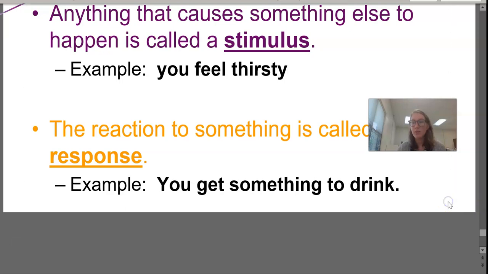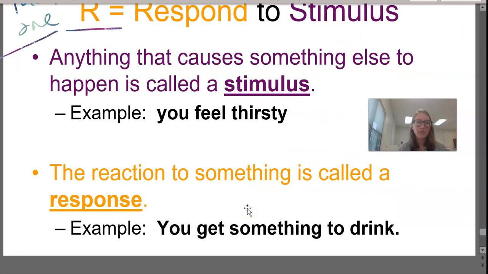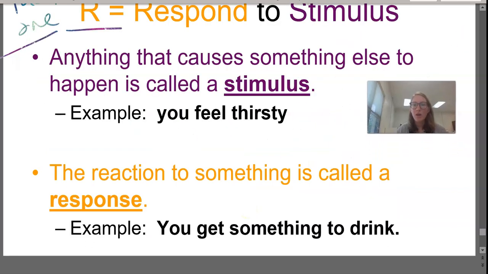And that's also an example of homeostasis. So the reaction to that, you feel thirsty, the reaction would be you get something to drink. The reaction to that is a response, okay?